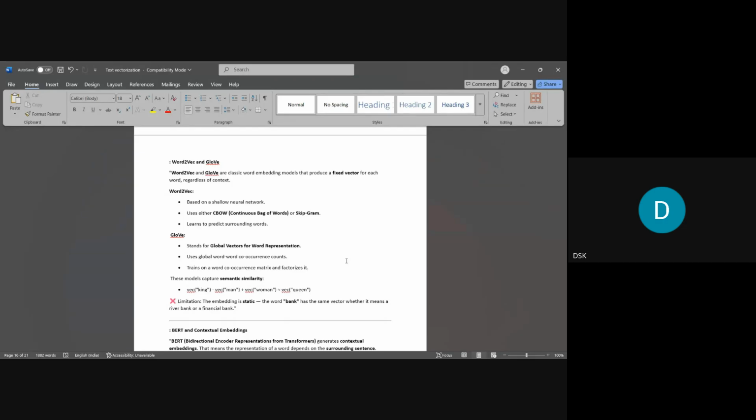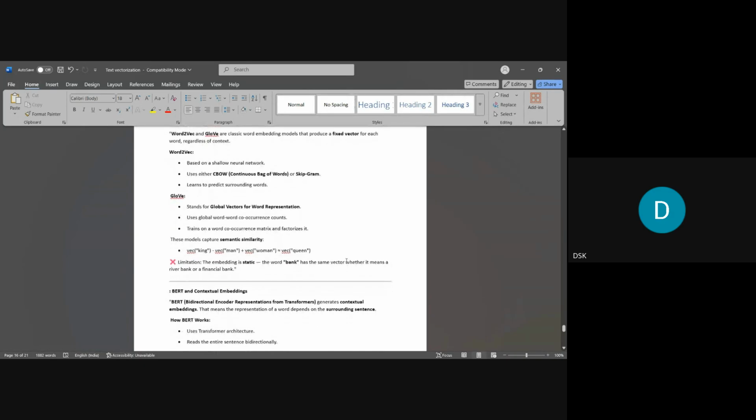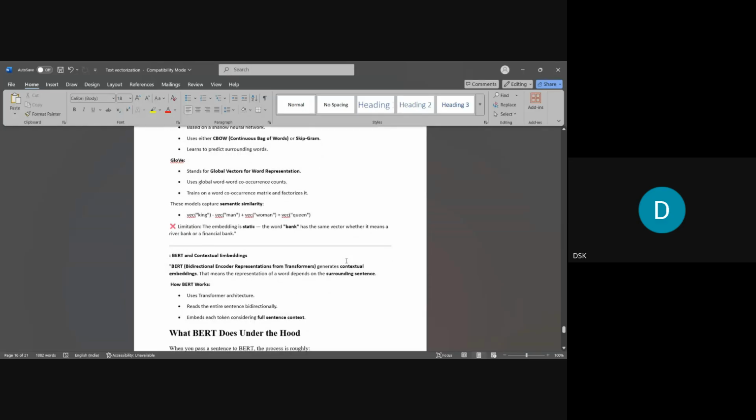It trains on a word co-occurrence matrix and factorizes it. These models capture semantic similarity. The limitation is that the embedding is static. So the word bank has the same vector whether it means a river bank or a financial bank.